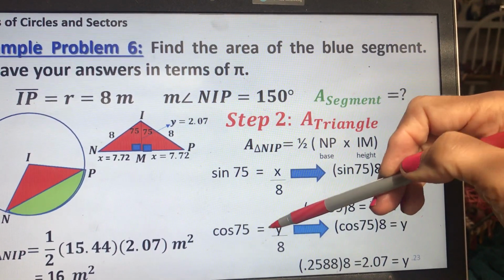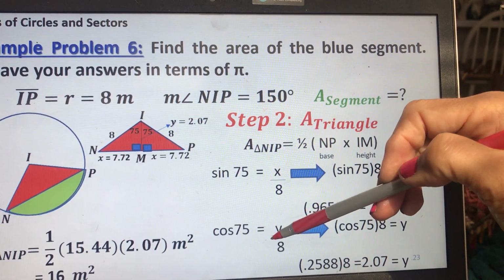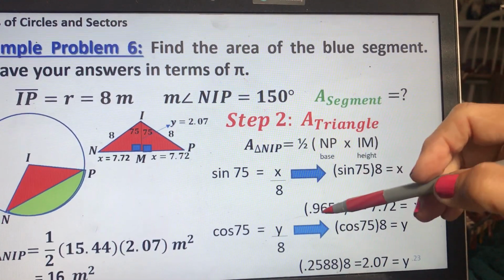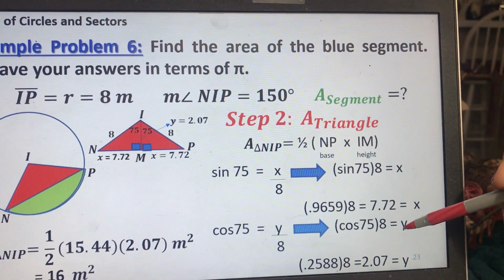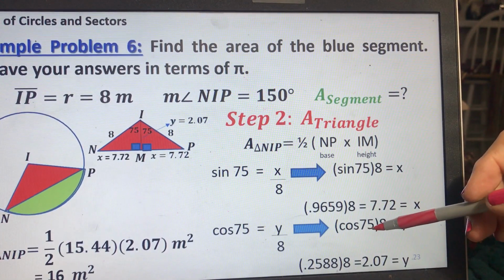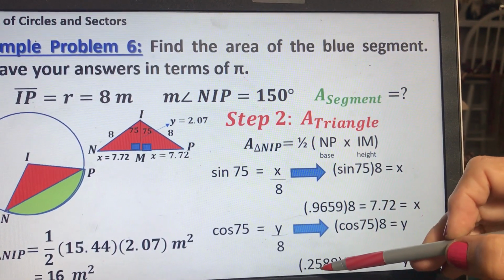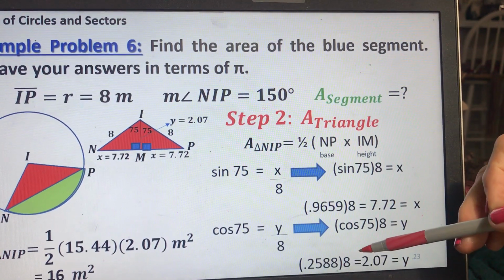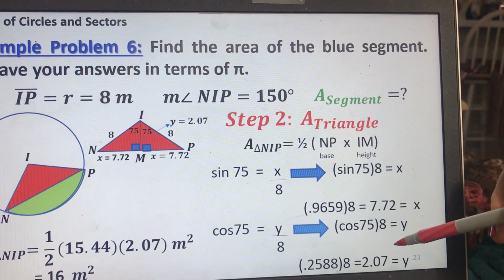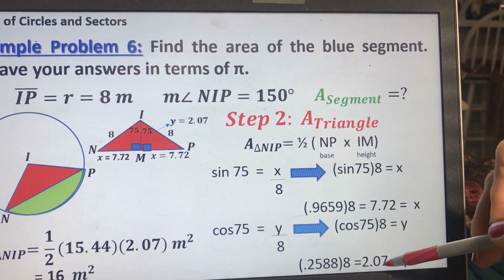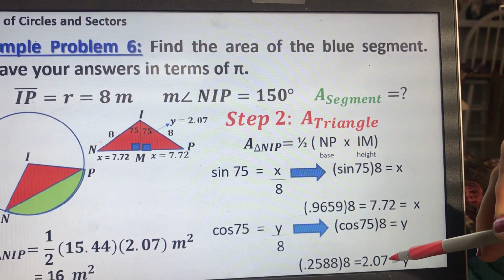We perform our cross multiplication to solve this proportion, and y is equal to the cosine of 75, which is 0.2588, times 8. So y is equal to 2.07.